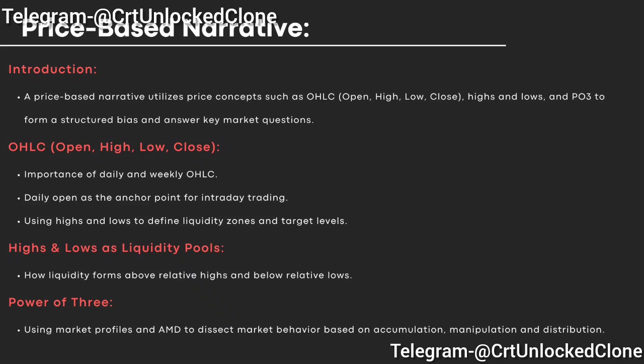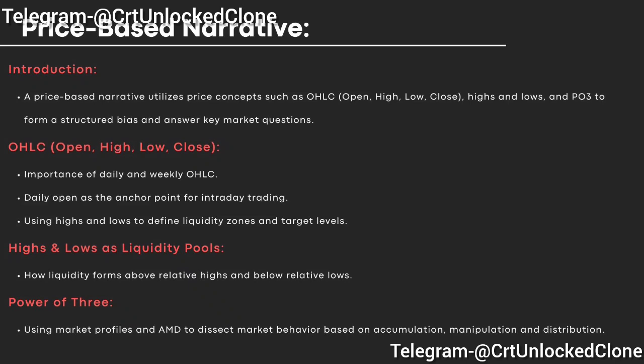The way you're going to use these liquidity pools to build narrative is by using them in conjunction with key levels and dealing ranges, right? And then combine them with each other in a logical manner and then make a logical story about how price is going to react and how price is going to actually play out based on these reference points.